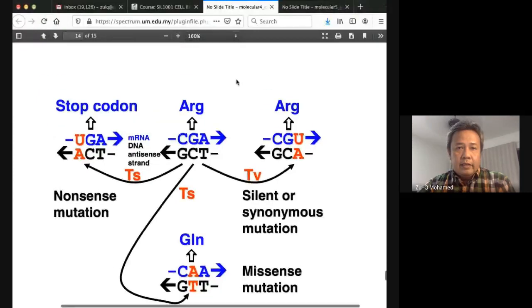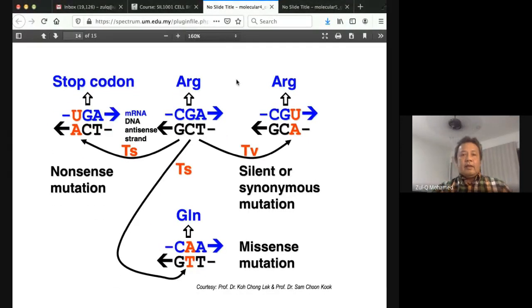Here is the example. This is the original, CGA. If there is a transversion, that means the T changes to an A. CGA changed to CGU is a silent mutation because it still codes for arginine. If the middle base undergoes a transition, CGA becomes CAA, then the code changes from arginine to glutamine.